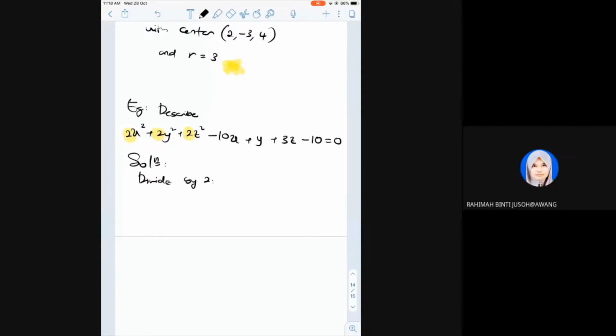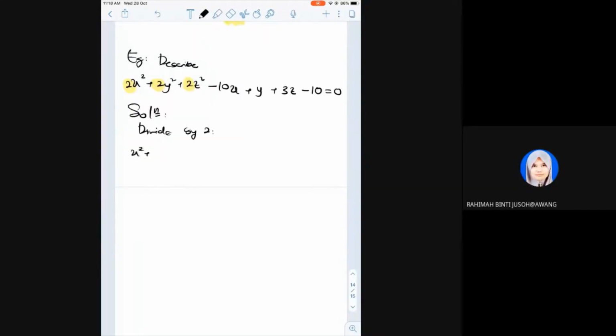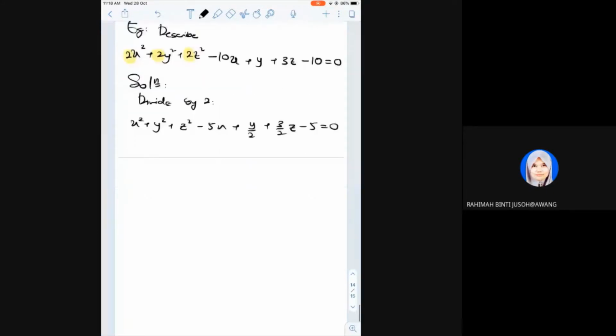So we will have x squared plus y squared plus z squared minus 5x plus y over 2 plus 3 over 2 z minus 5 equals to 0. Okay, now baru kita buat completing the square.